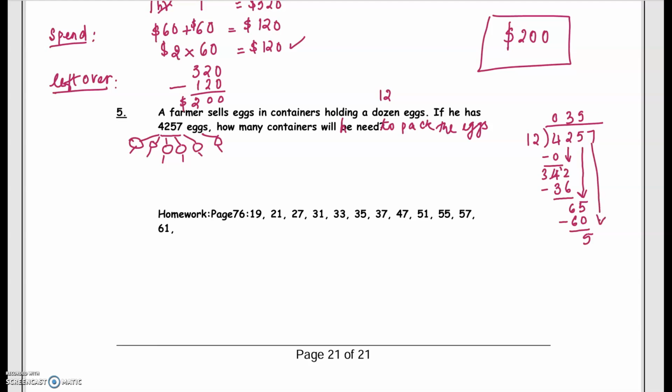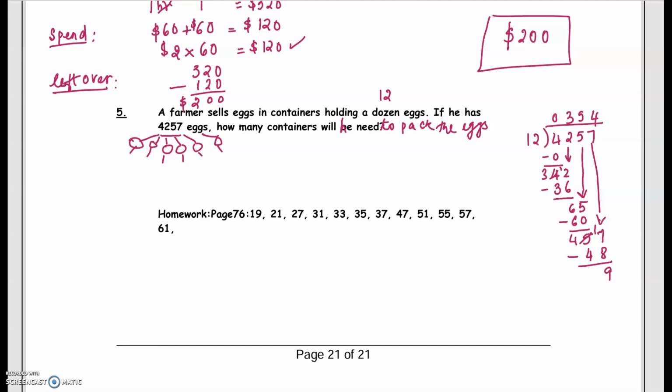Bring the 7 down. 12 fours are 48. Subtract, and then we get 17 minus 8, which is 9.